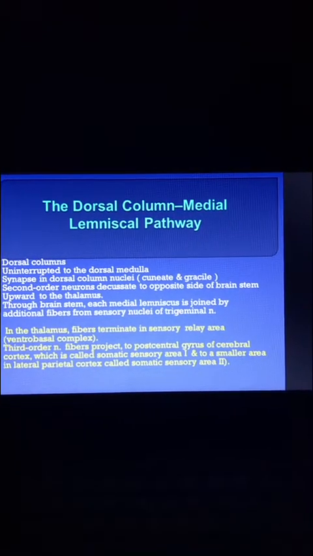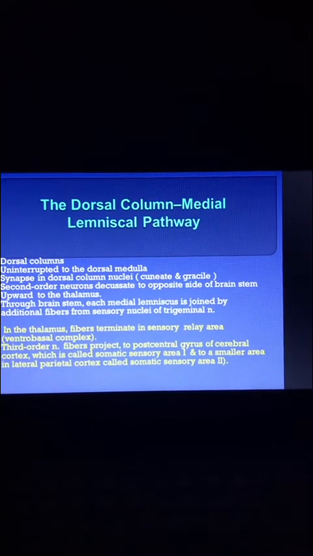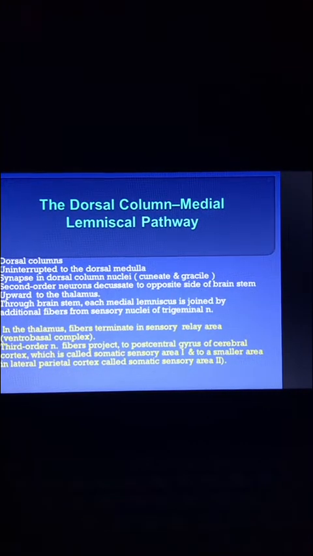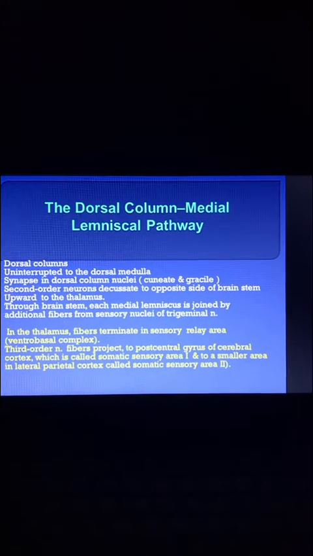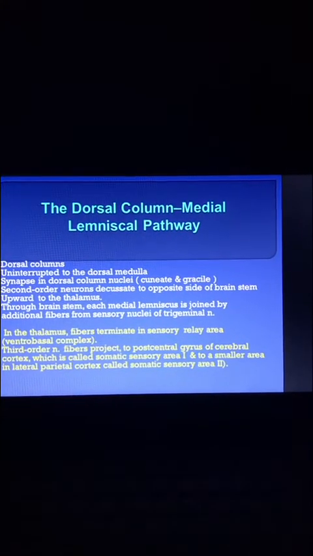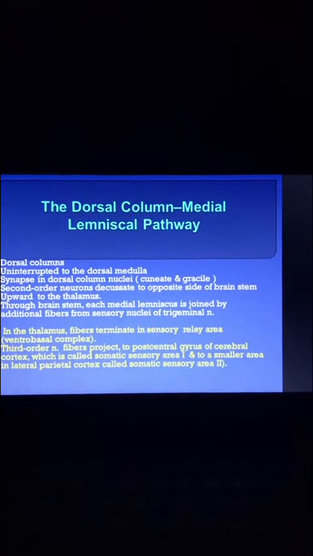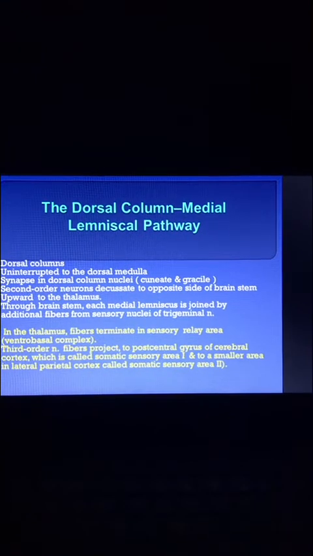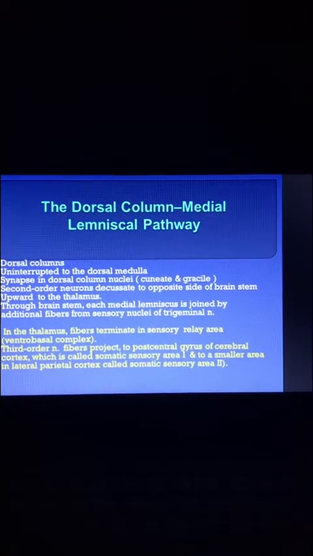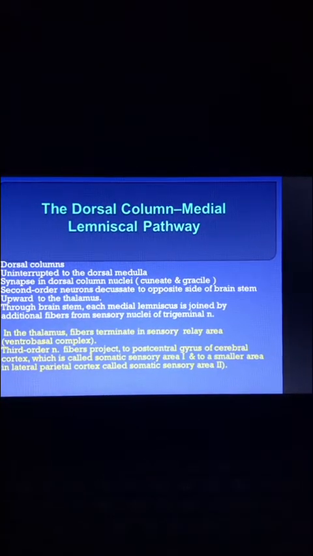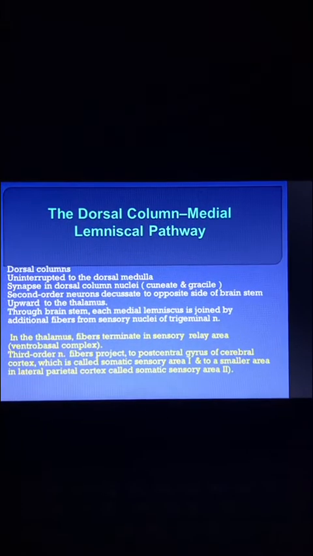Fibers of the second order neurons decussate to the opposite side of the brainstem. Second order neuron means the postsynaptic neuron, called second order because it is the second neuron in the pathway.